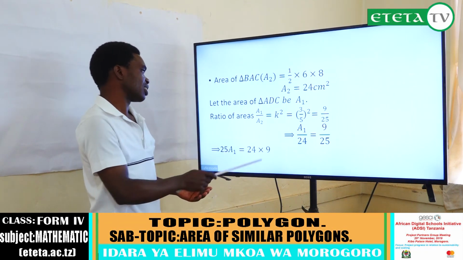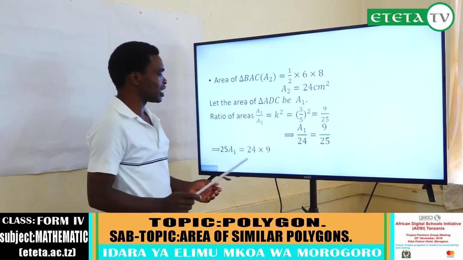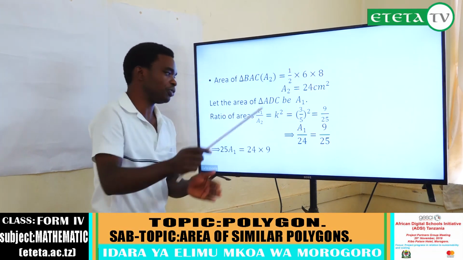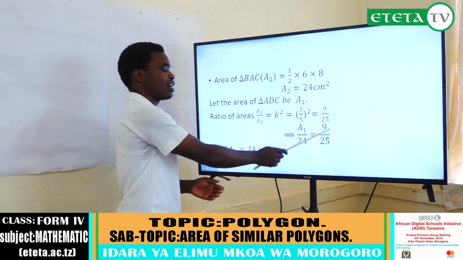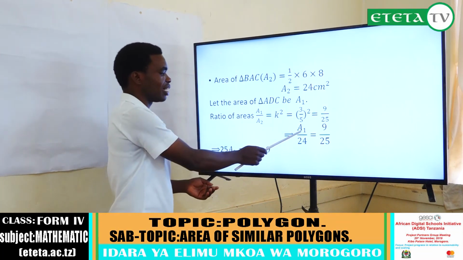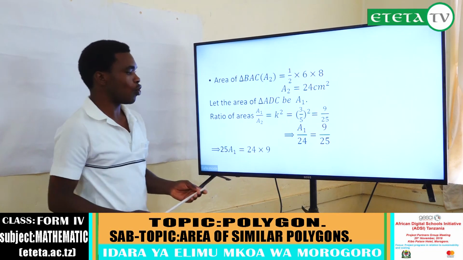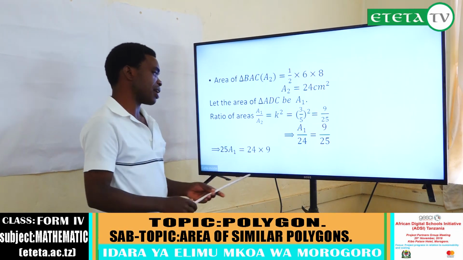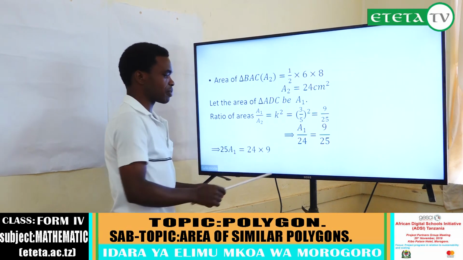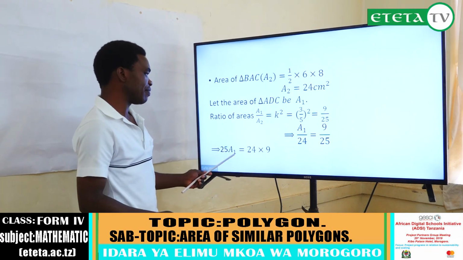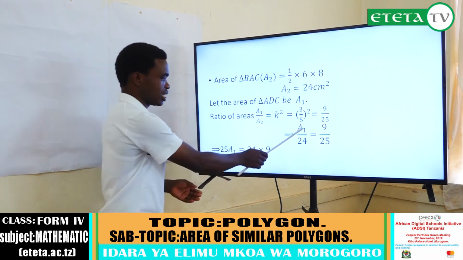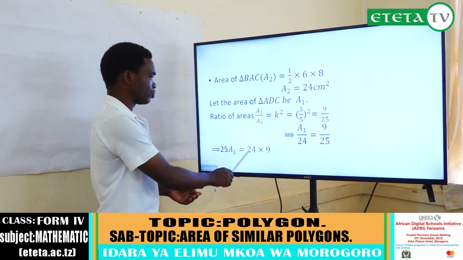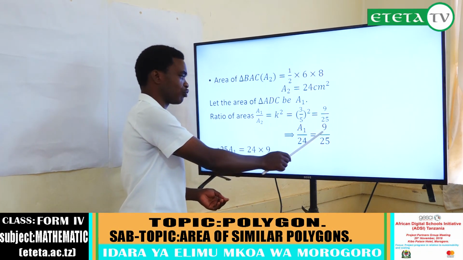Now we have to relate A1 over A2 to the obtained ratio, which is 9 over 25. So we take A1 over 24 equal to 9 over 25. That implies that if you apply cross multiplication, it is 25 times A1 equal to 24 multiplied by 9.